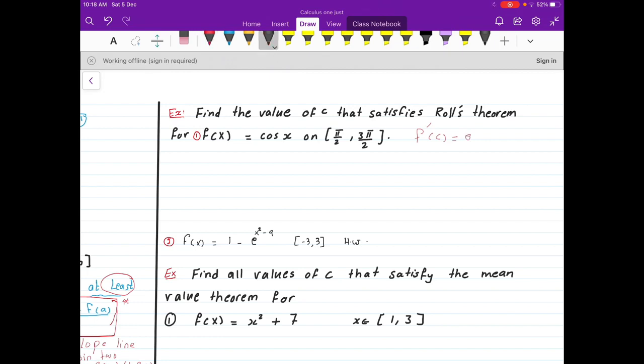Now differentiate. f prime x = what is the derivative for cosine? Minus sine x. Rolle's theorem ما هي البوينت الديريفاتيف اللي عندها equal 0. So need to find c such that f prime of c = 0. That means minus sine c = 0.